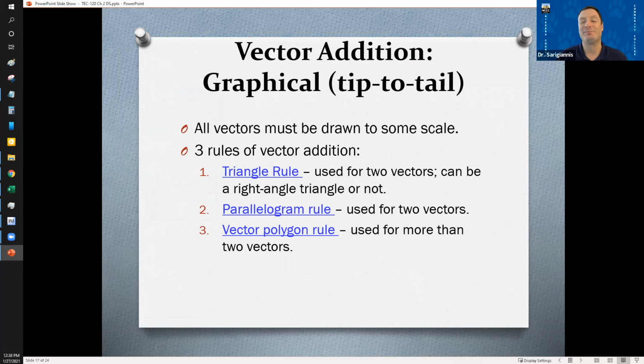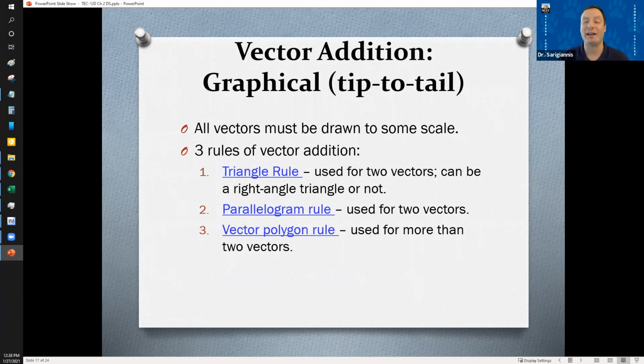Typically, true graphical is where you use some kind of graph paper and/or a ruler, right? You're taking measurements and measuring angles. Typically here you're going to be given things like angles and lengths, and you're just going to have to figure them out.